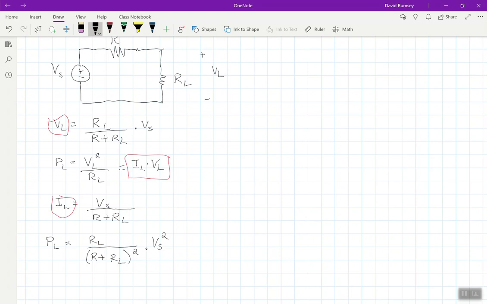Now, what we need to do here is analyze this. For a given problem, R and VS are fixed.